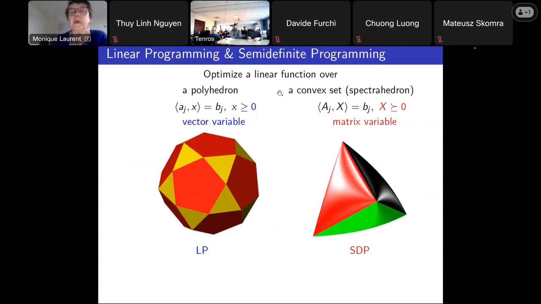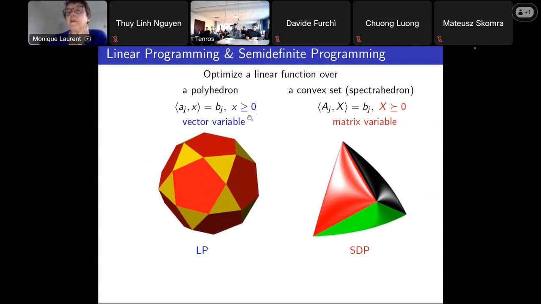In comparison, semi-definite programming will be optimizing a linear function over a feasible region which is a convex set defined as a set of matrices. So one goes from vectors to matrices, capital X. Again, this matrix variable is supposed to satisfy a bunch of affine equations, a_j dot X equal to b_j, where this is a trace inner product.